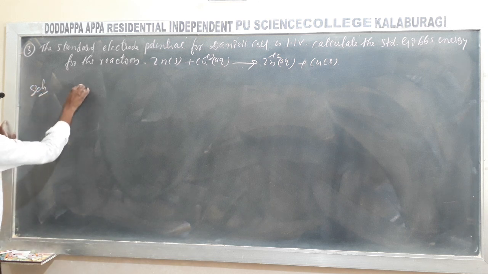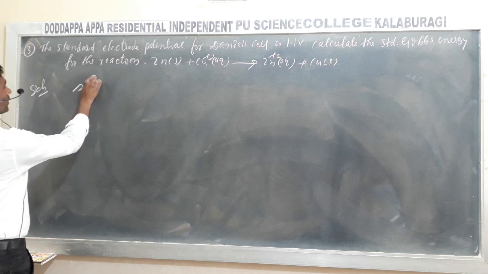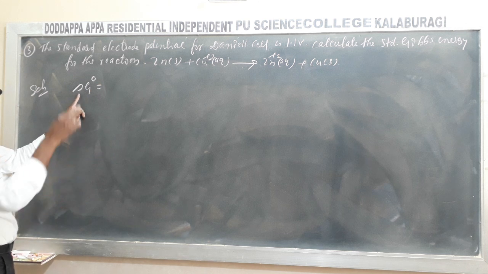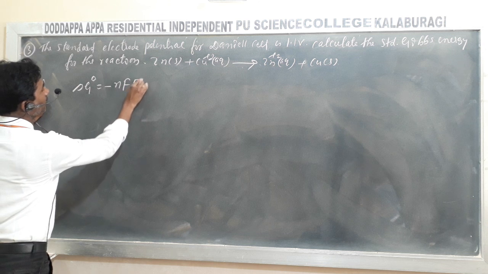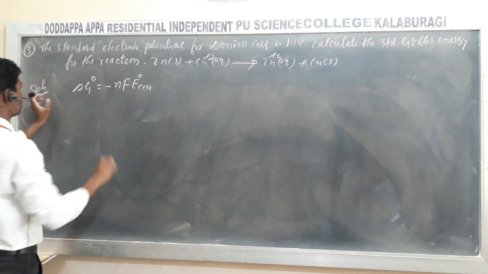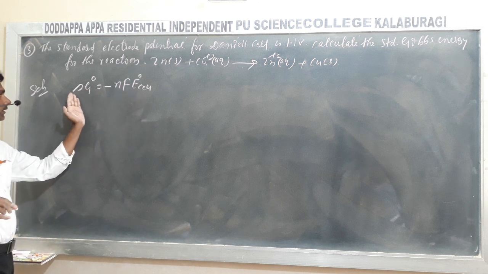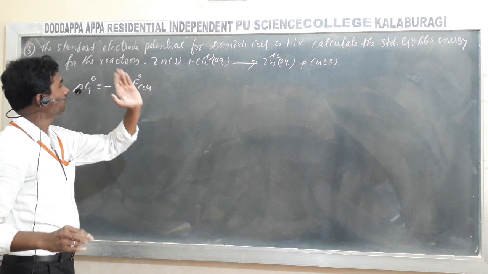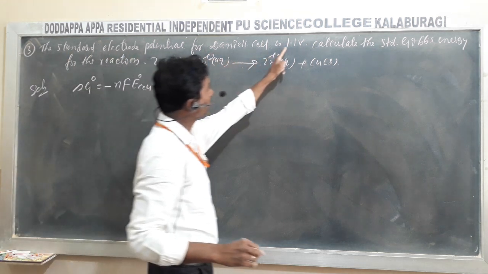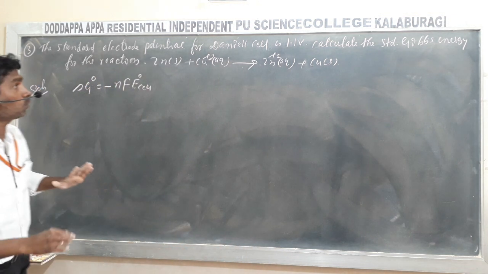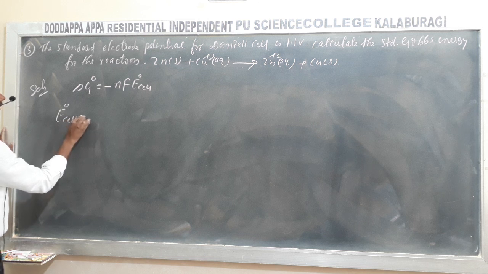Delta G naught is equal to minus n F E naught of cell, where delta G naught is the standard free energy change. The standard electrode potential for a Daniell cell is 1.1 volt. What is given? E naught of cell.